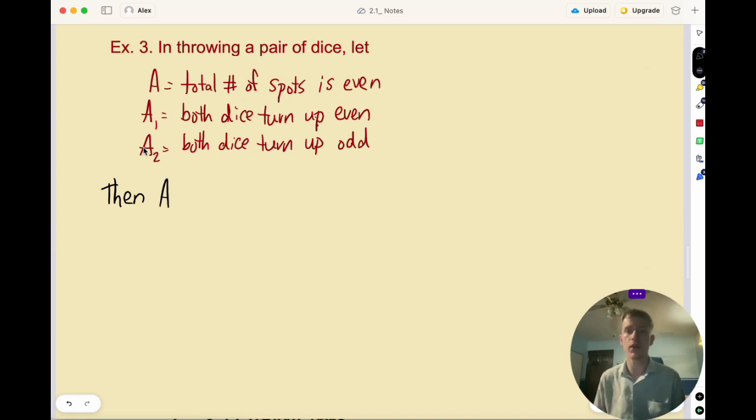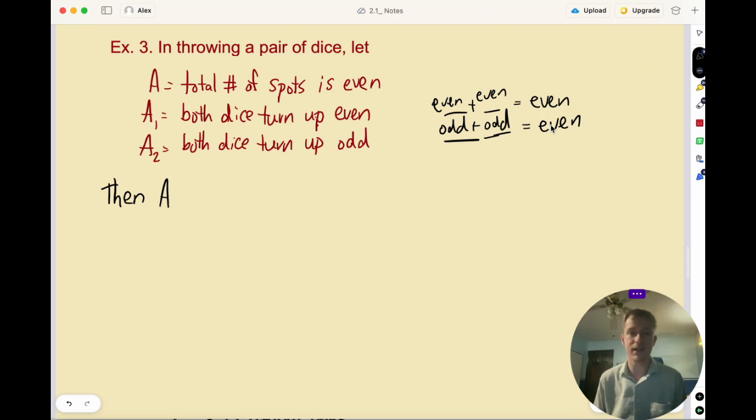If the total number of spots is even, that means that the sum of these two is an even number. Well, that only happens if you have an even plus an even number, or an odd plus an odd number.